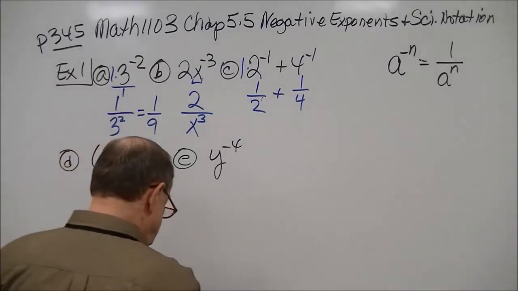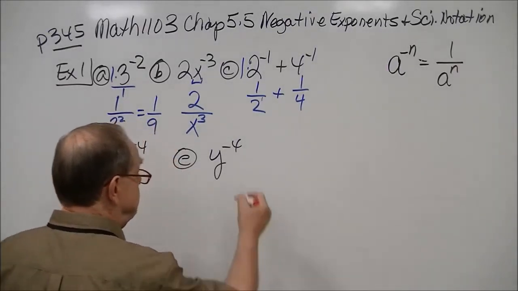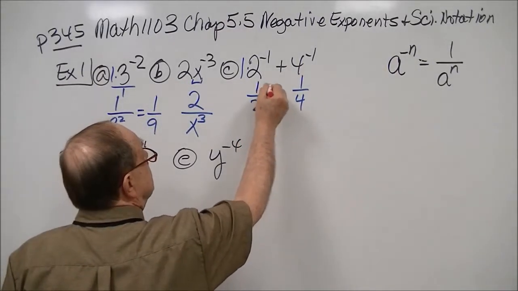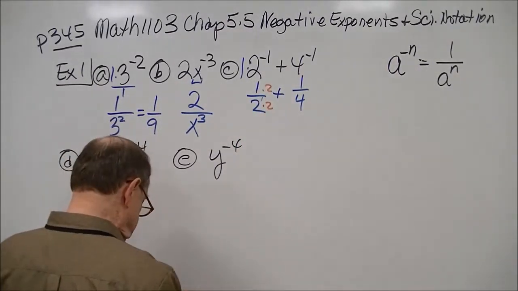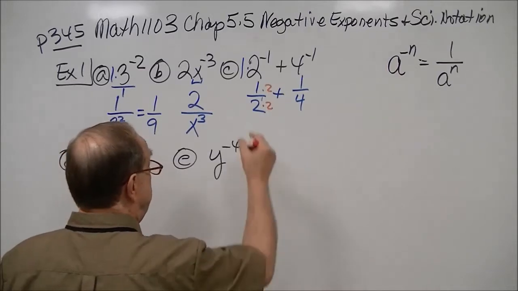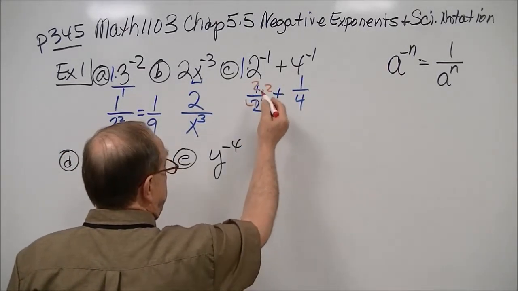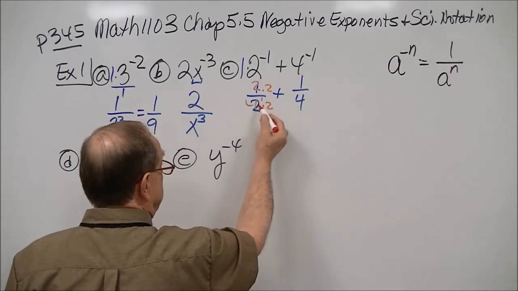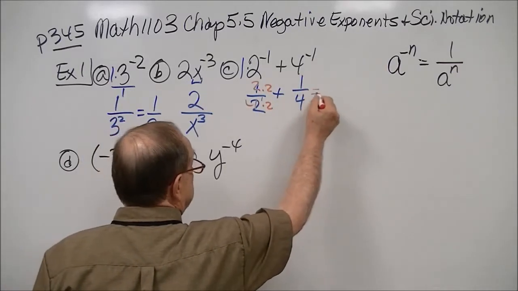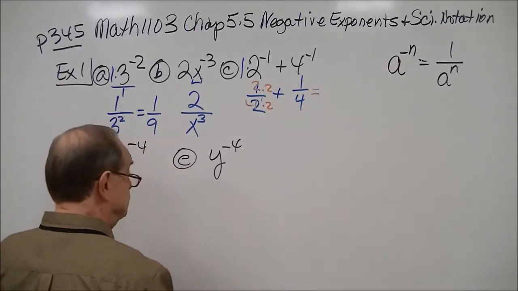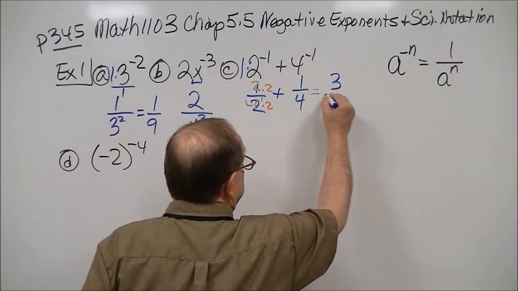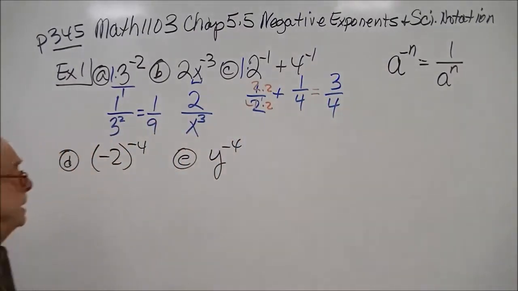We want to make common denominators. So we're going to multiply this by 1 in the form of 2/2. We now have here 2/4. And 2/4 plus 1/4 equals 3/4. So a little play on arithmetic there.